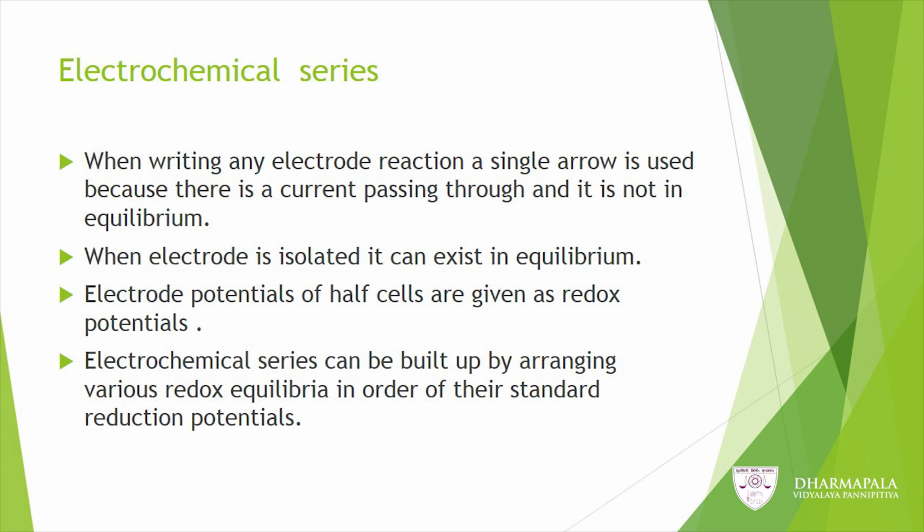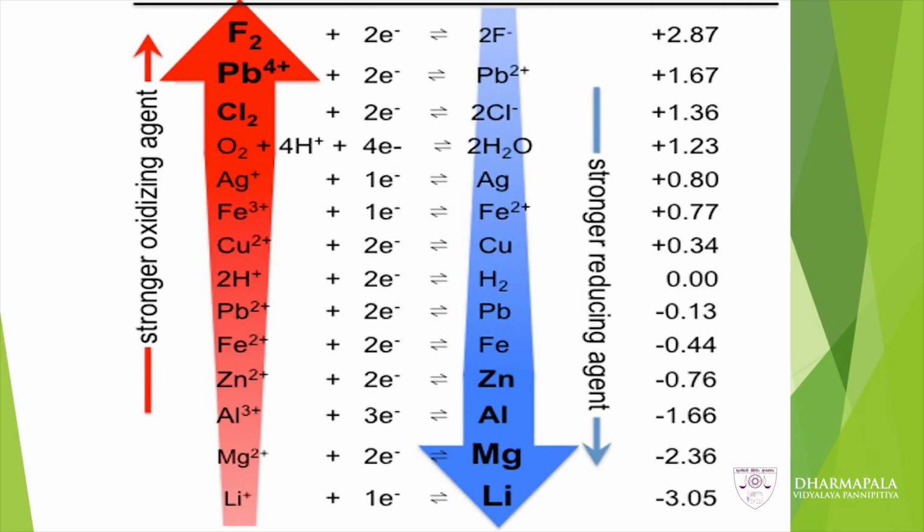The electrochemical series can be built up by arranging various redox equilibria in order of their standard reduction potentials. Now, here you can see the most positive E0 values are placed at the top of the electrochemical series. Usually, the most negative E0 values are placed at the top of the electrochemical series.